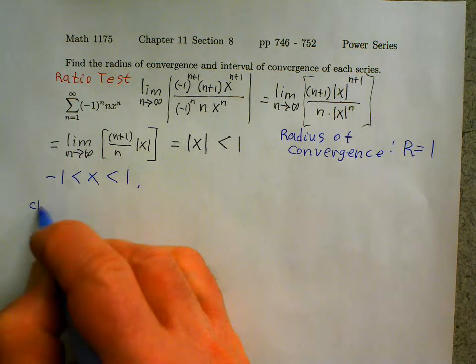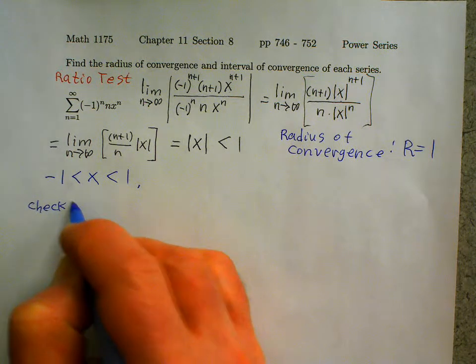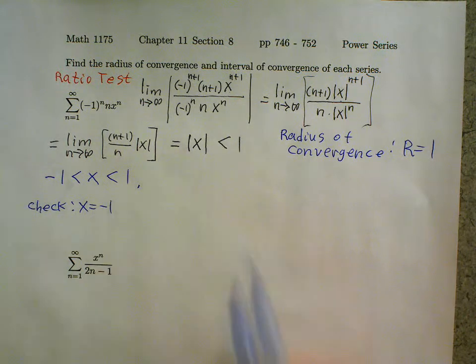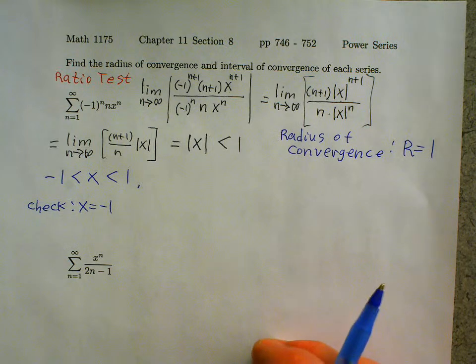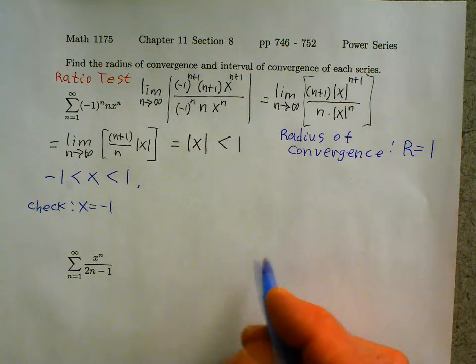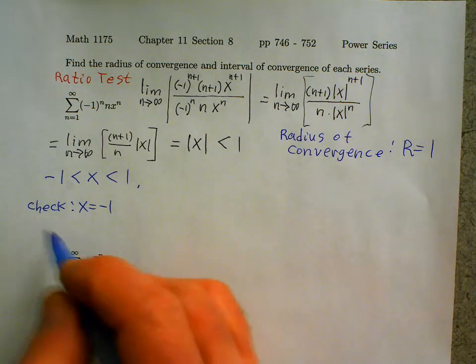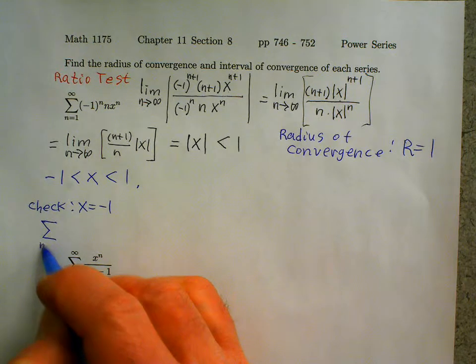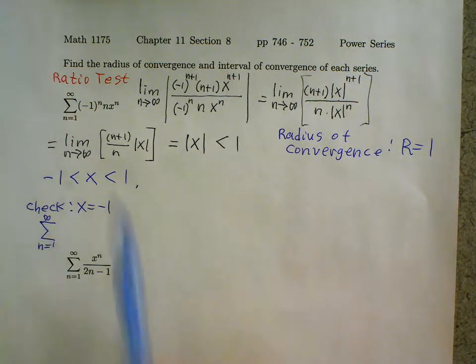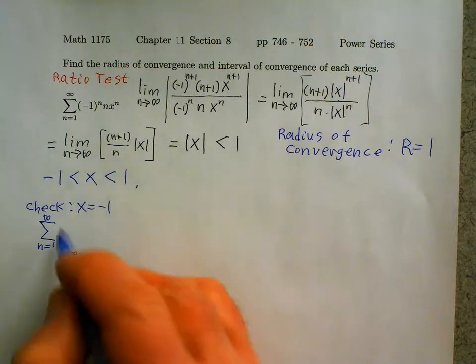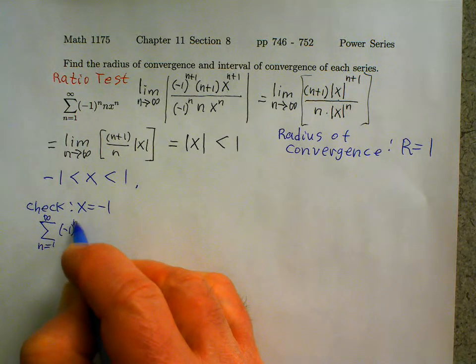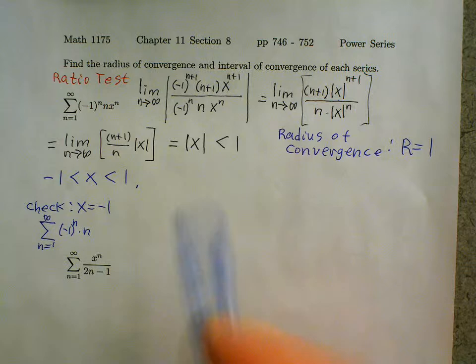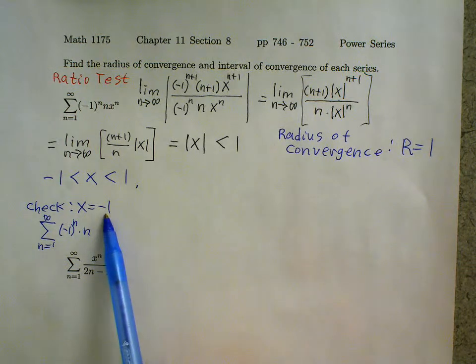So let's start with x equals -1 in the infinite series. So we can probably do that down here. So we have (-1) to the n times n, and then replace x with -1.